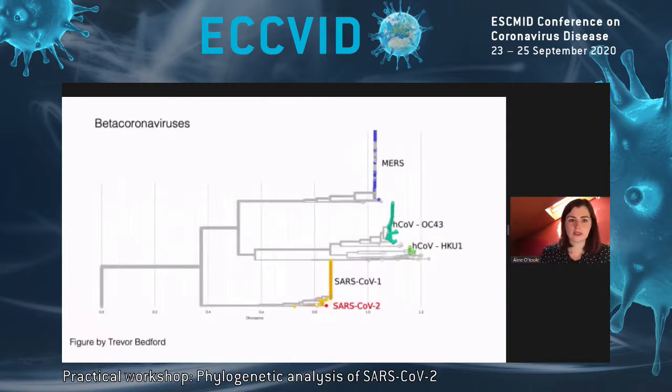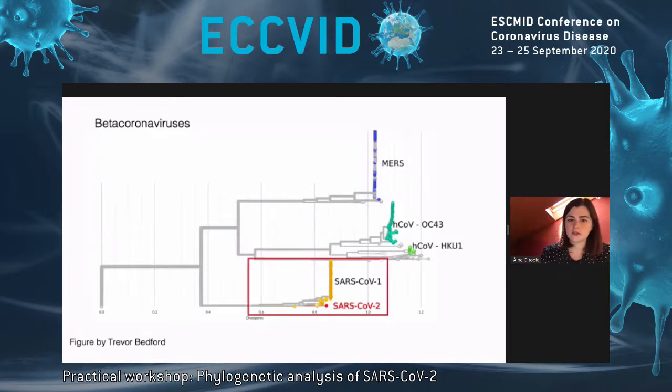Richard presented this a little bit earlier, but just looking at the genus level, we see known beta coronaviruses. If you can see my pointer, you can see MERS here, and then we can see SARS-CoV-1, and then in red is our SARS-CoV-2, the current pandemic.